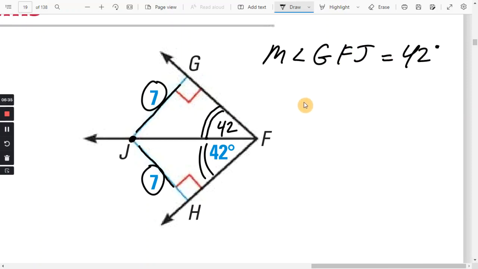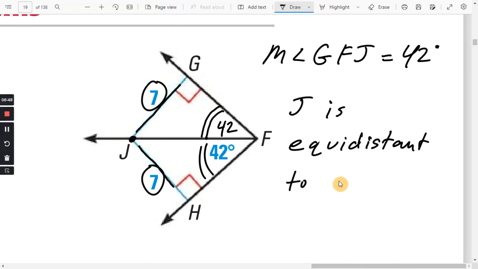And that is because J is equidistant to the sides of the angle. Since J is the same distance to both sides of the angle, we know that it's on the angle bisector.